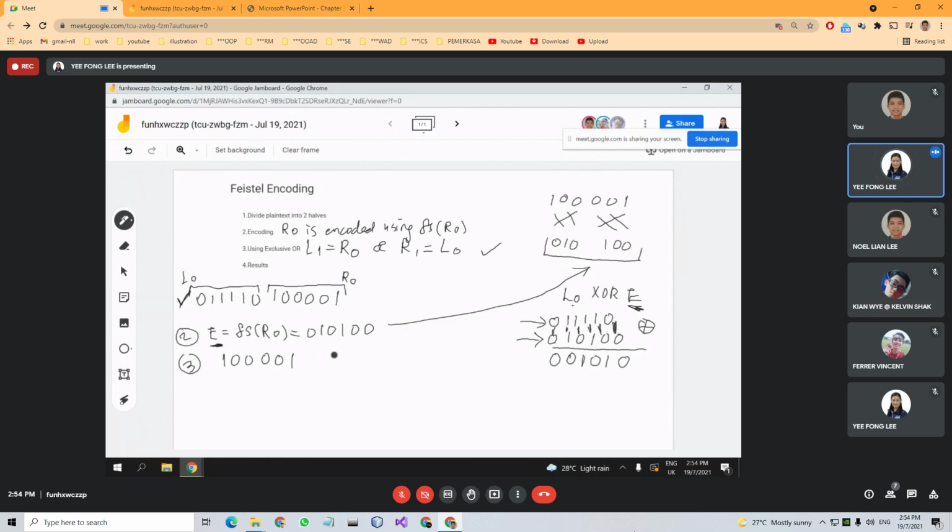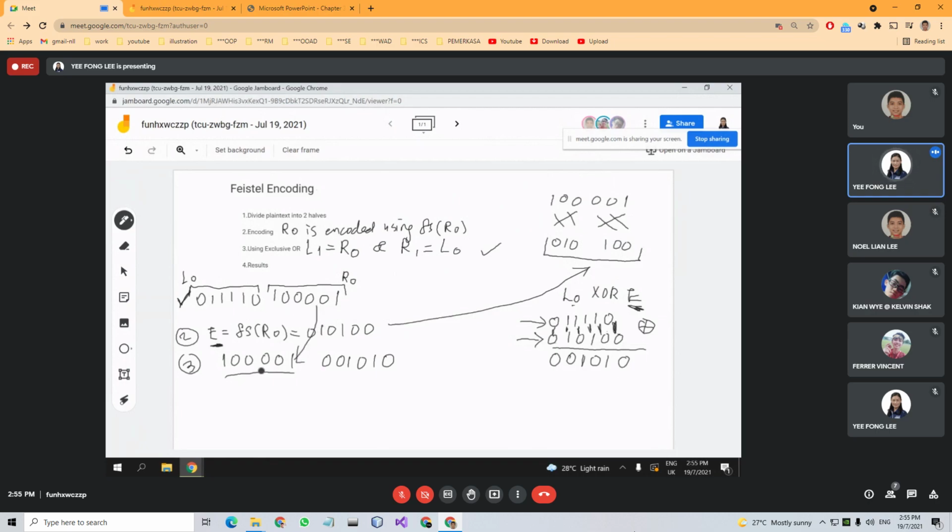And then we have 0, 0, 1, 0, 1, 0. Now this value, that's why we say the previous result might affect the following result. This value comes from here.